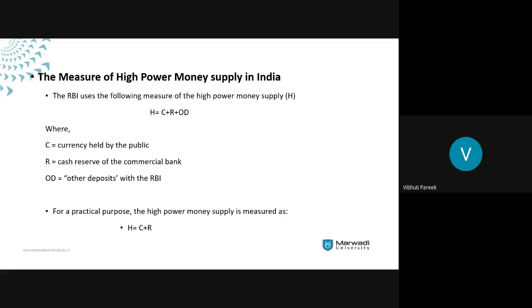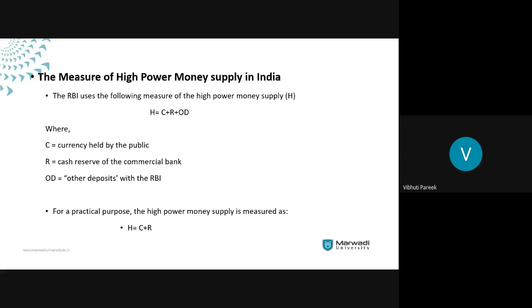So the cash reserve of the commercial bank forms the basis of money supplied by the bank. The credit money that is supplied by the bank increases the money supply, because with the help of this credit money we are able to increase the supply of money in circulation, in addition to the high power money that is already available.